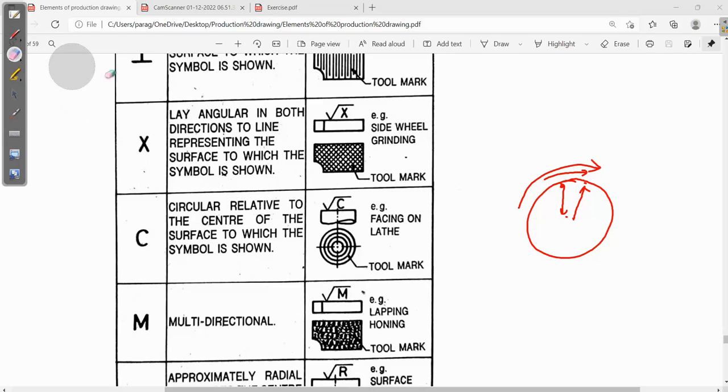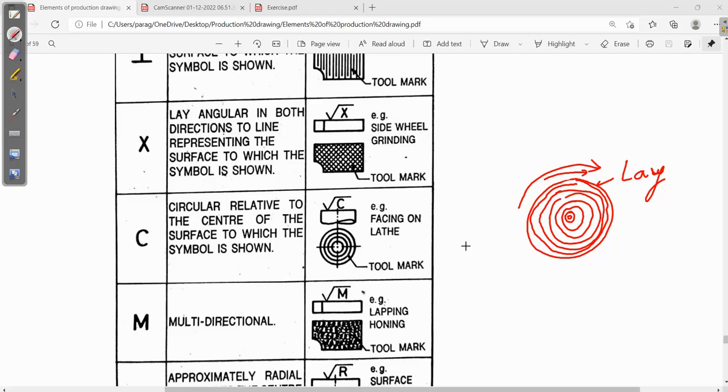What pattern will you observe? You will see circles. These circles or pattern we call lay. L-A-Y.